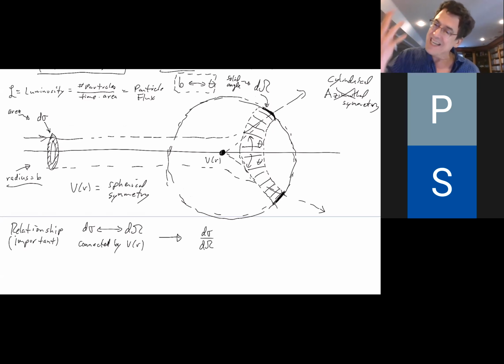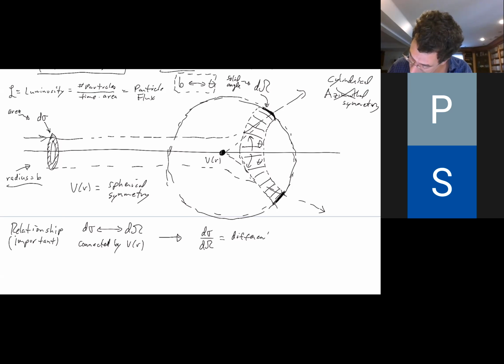Because if these two things are connected, then I can think of the ratio, and the ratio between them has meaning. And that turns out to be the most important thing in scattering. It's that ratio. And this thing is called the differential cross section.